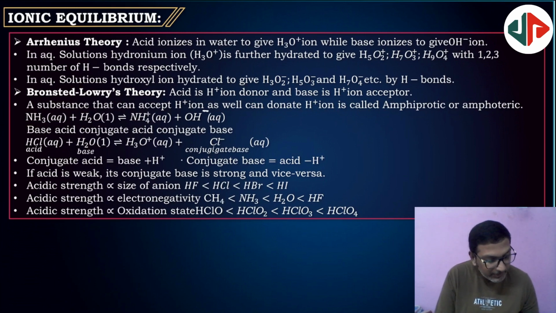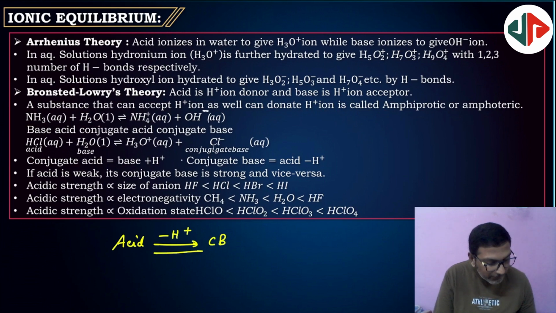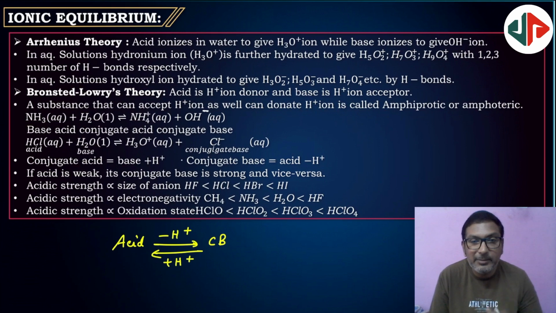Next, conjugate acid is base plus H plus. Conjugate base is acid minus H plus. Or we can write like this. Suppose acid is given, minus H plus gives conjugate base, plus H plus gives conjugate acid. Remember like this. By the removal of proton from acid gives conjugate base.